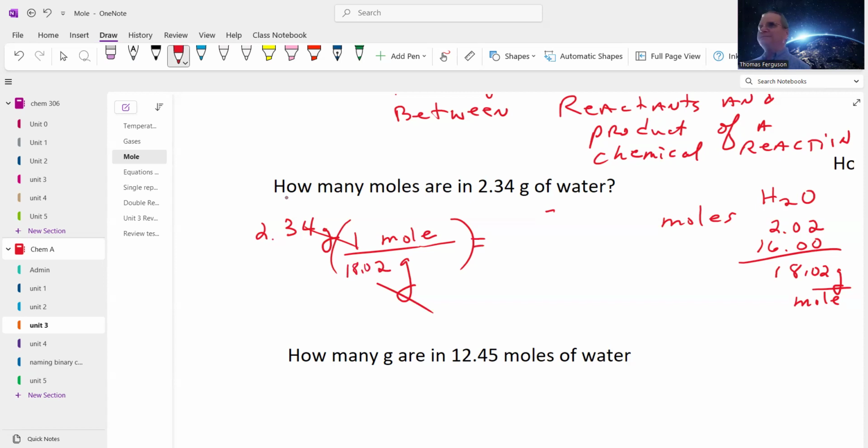Trying to calculate moles. Now you're going to find in this class that a lot of things are related back to mole. Mole is frequently an intermediate step to be taken. So I've been saying, if in doubt, convert to mole. You'll usually be in good shape, because everything relates back to mole.